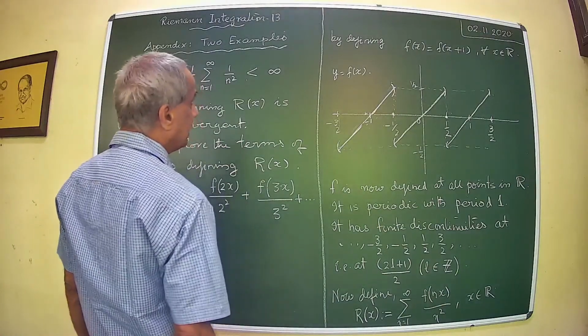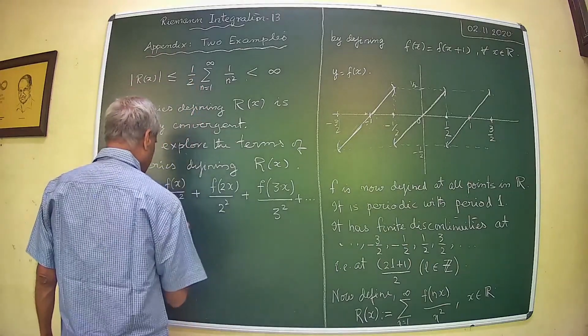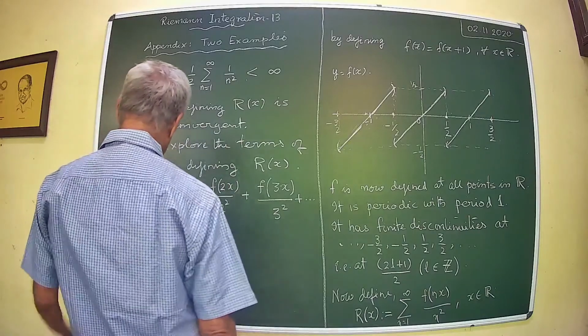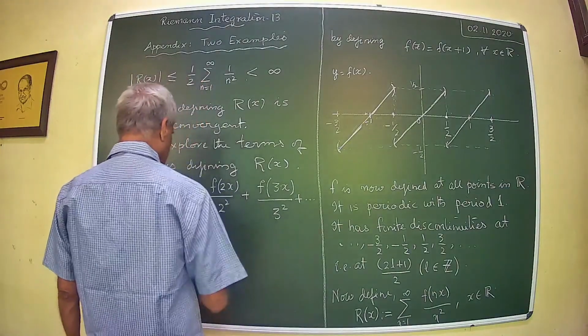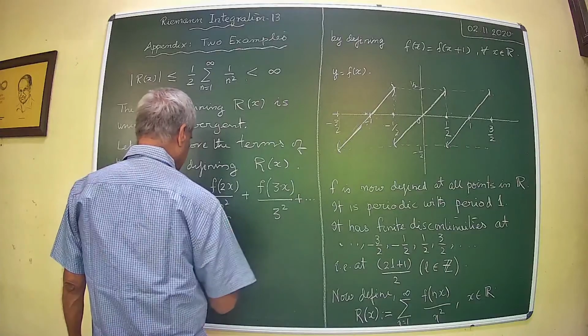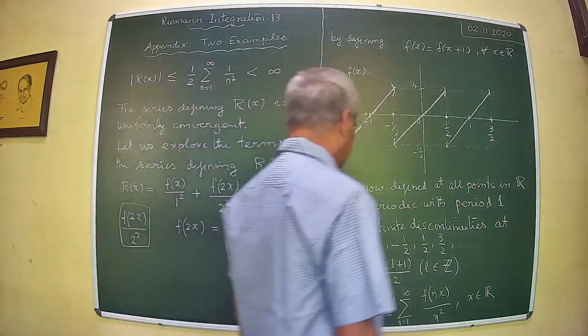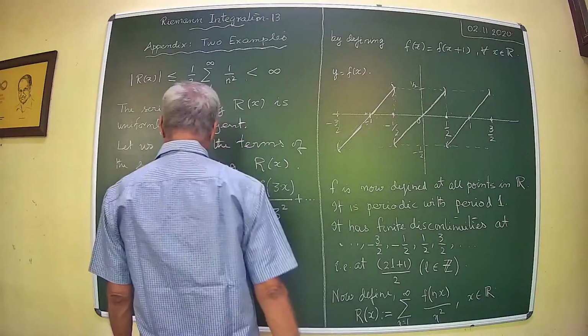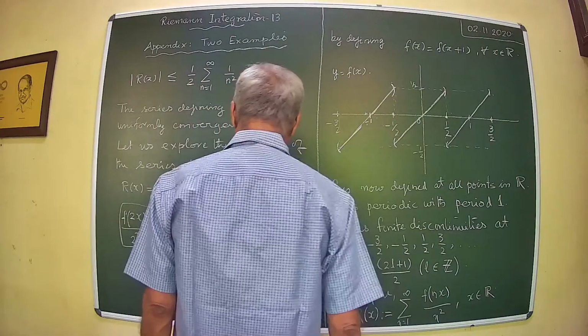Now you see that f of 2x, this is 1 by 4, is equal to 2x.